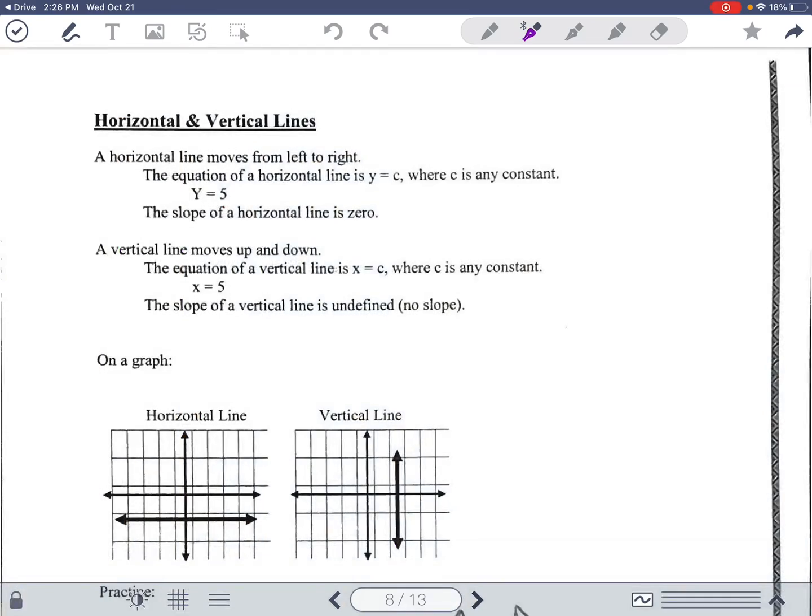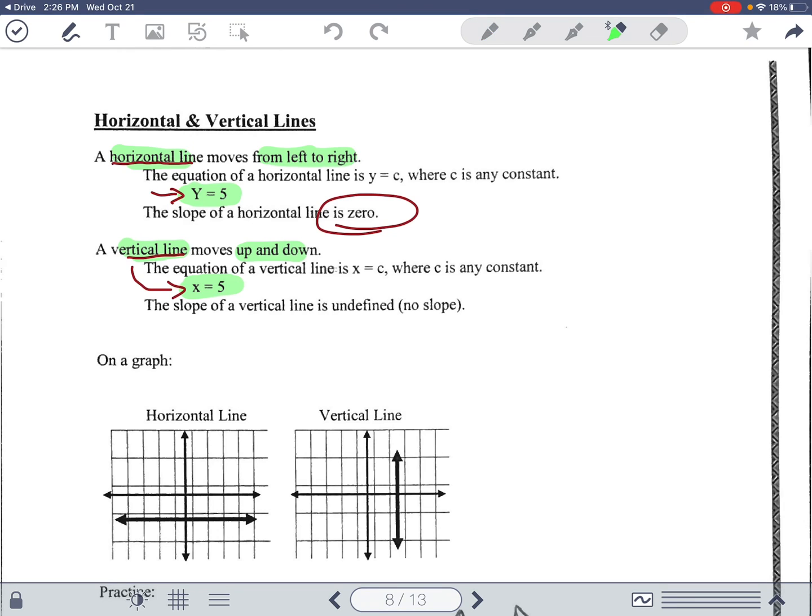Next page. Horizontal and vertical lines. Horizontal lines move from left to right. And you're always going to get the equation y equals something for a horizontal line. The slope is 0. Okay? A vertical line moves up and down, and is always x equals.